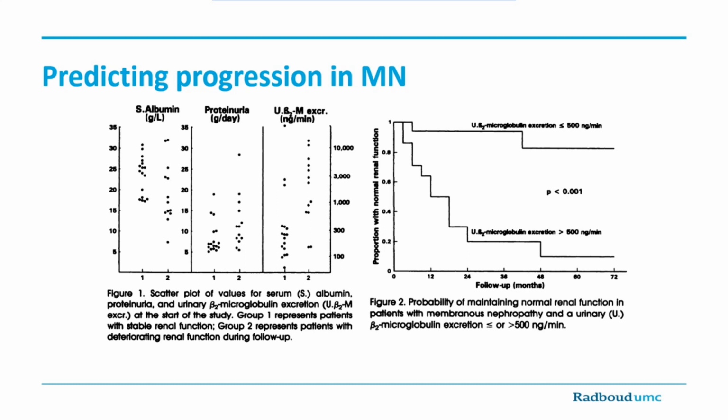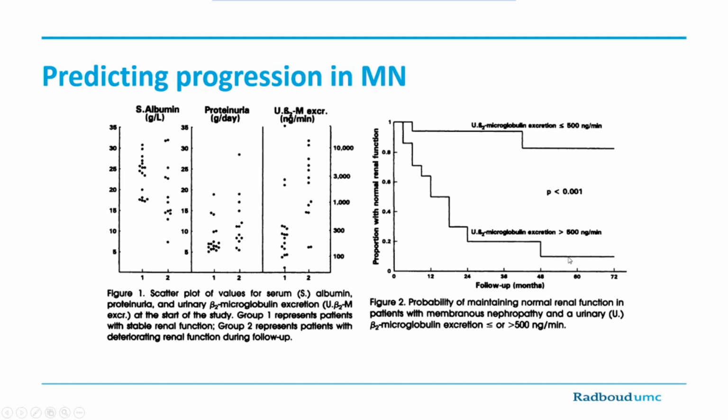Based on this figure, a cutoff value of 500 nanograms was chosen, approximately over here. In a later study, this was validated. And if we look at the Kaplan-Meier survival curve, which shows the survival with a relatively normal kidney function, we can see that only 2 people in the group with a low beta-2 microglobulin excretion showed progression in a little over 5 years, whereas almost all of the people with a very high excretion showed progression.